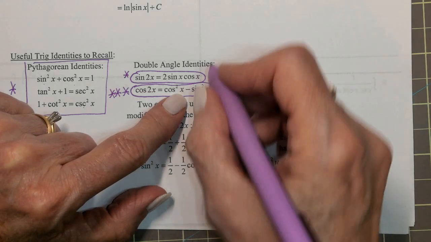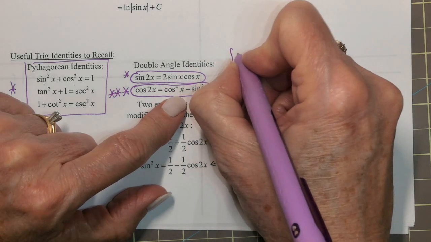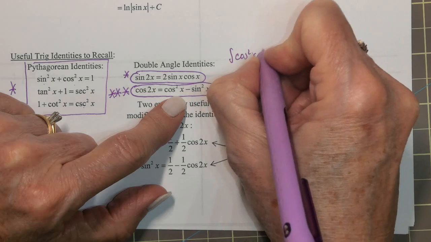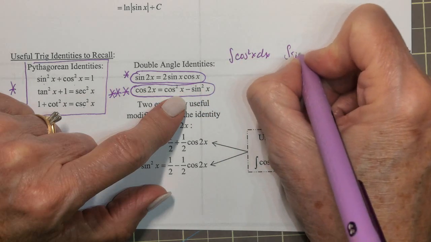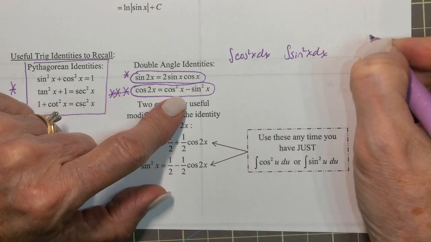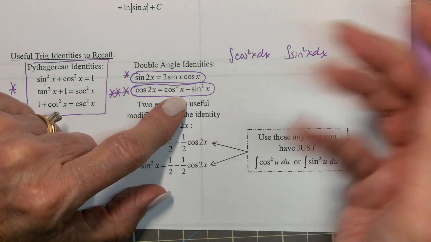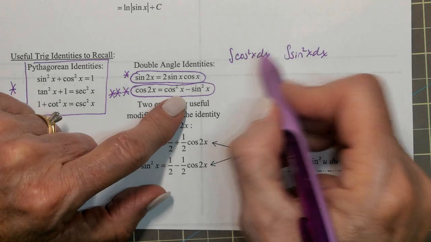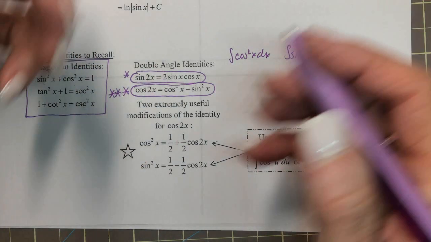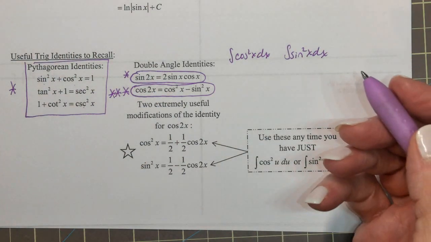It's because we often have integrals with either a cosine squared x or a sine squared x in them. We can't use the power rule, right? We need to write this in some other form.